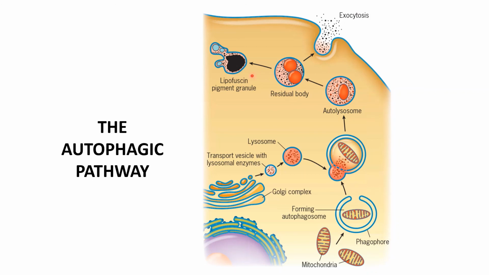And some of the destroyed portions of the organelle are exocytosed, as we see here. And some of them remain inside the cell as pigmented chemicals we call lipofuscin, pigment granules. And this is a detailed view of how a lysosome works in the autophagic pathway.